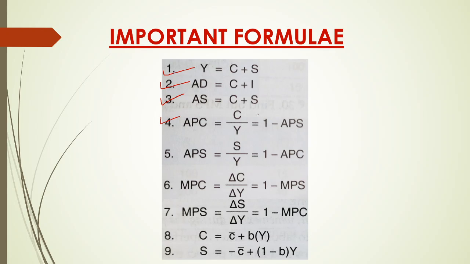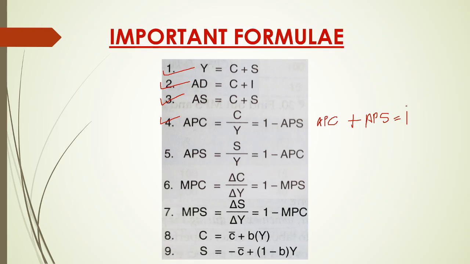APC is C by Y, and also 1 minus APS. Why? Because APC plus APS equals 1. So APC equal to 1 minus APS.